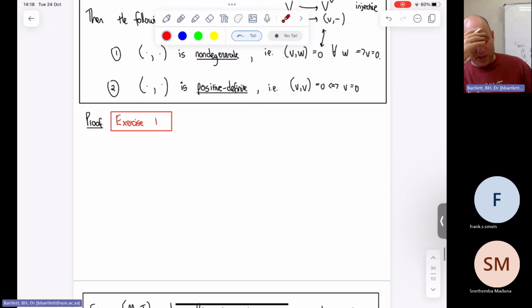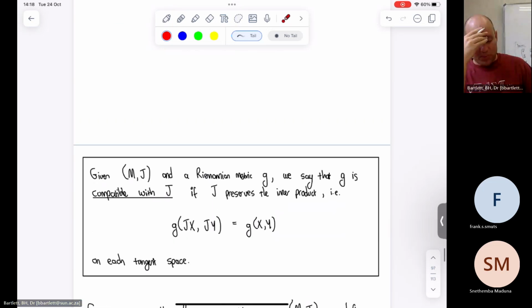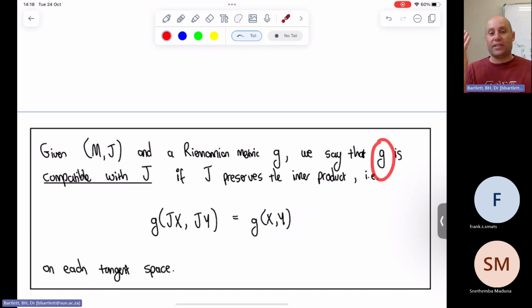Yeah, so where are we now? Good. So we want to speak about when you have now we've got 2 structures, the complex structure, or say an integral almost complex structure J, and we've equivalently got this Riemannian metric G, and we want to say that they're compatible with each other. And the natural thing to say would be that J, which is a linear operator on the tangent space, should preserve the inner product, right?